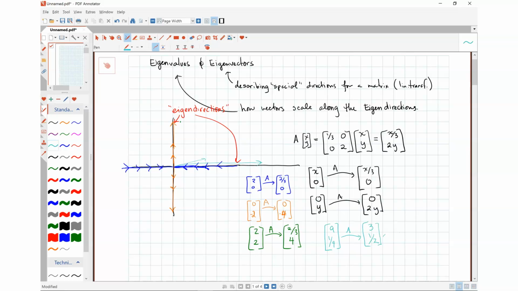If I apply the transformation to that again, I'll get, let's see, 1, 1. If I do it again, I'll get 1/3, 2. And if I do it one more time, that's going to be the limit of my artistic abilities, I'll get 1/9, 4.